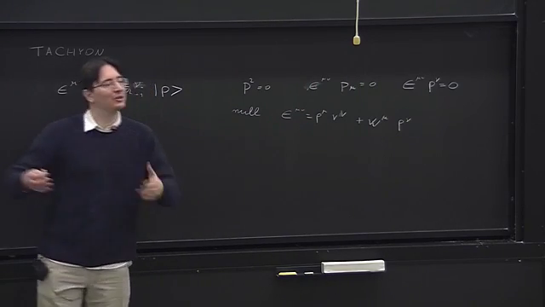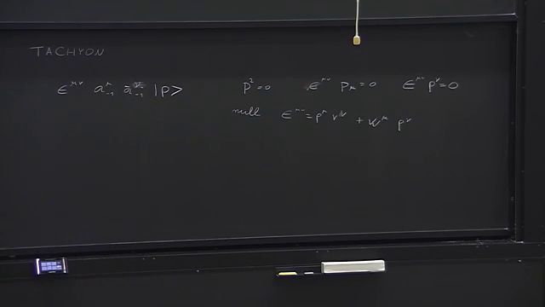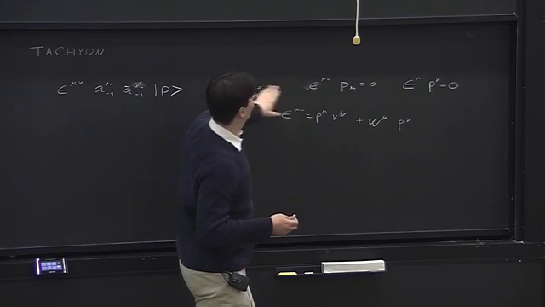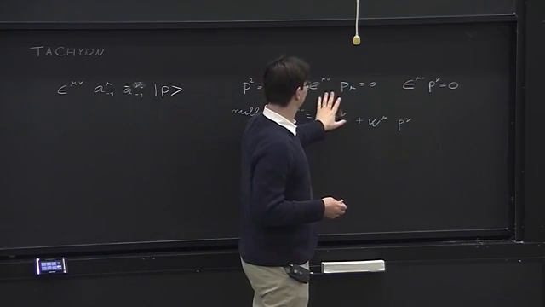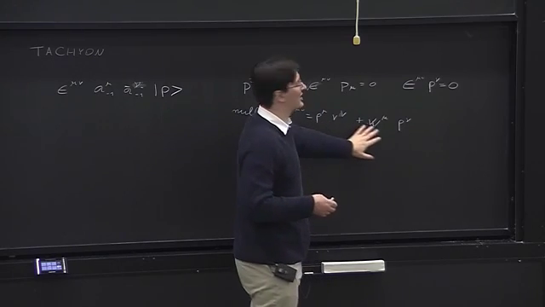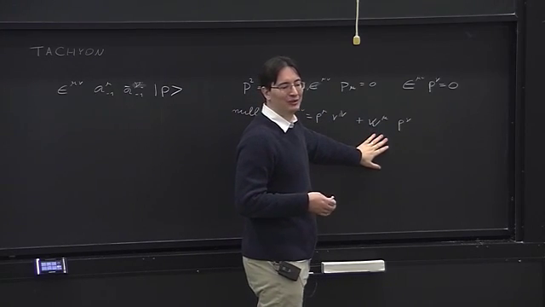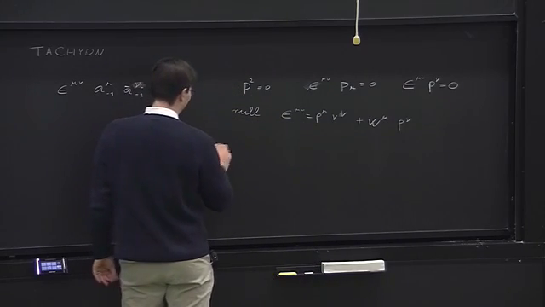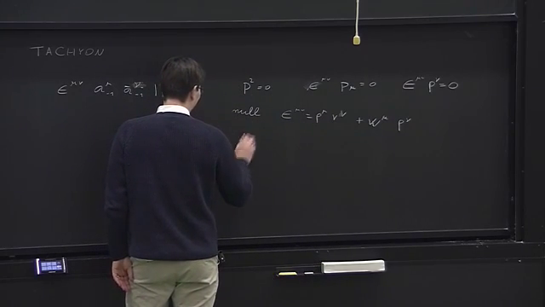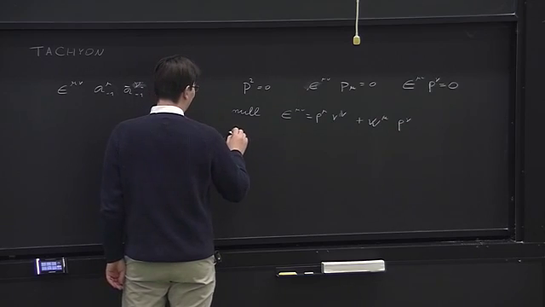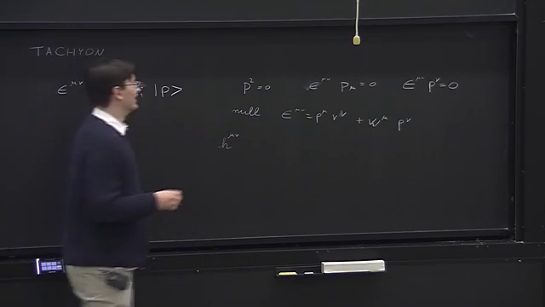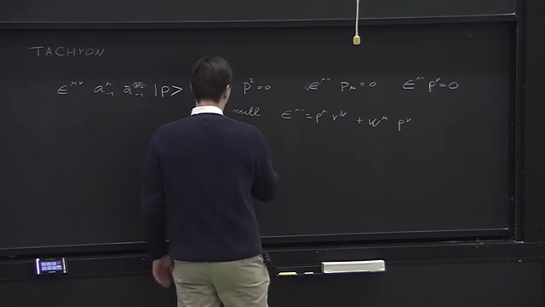So let's try to see which sort of field this is, which sort of particle this is. Something of spin two, massless, transverse, and it has a gauge symmetry. If I was trying to build a field for this, I would use some sort of field that looks like this, and has a gauge symmetry.